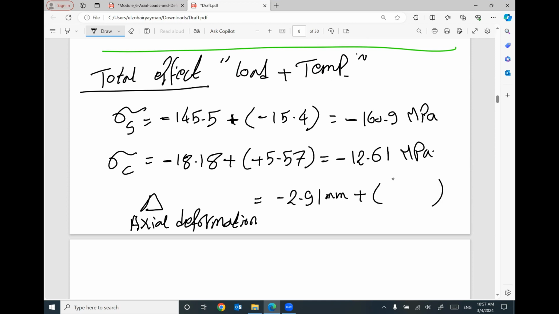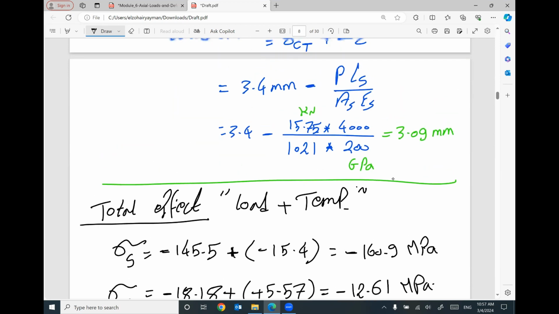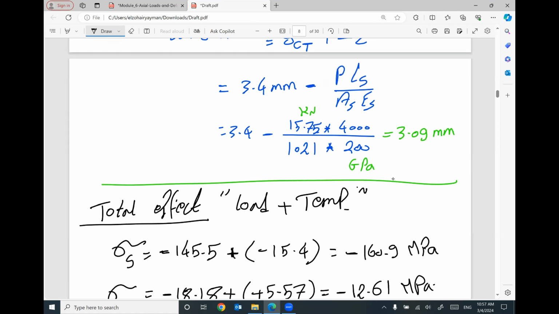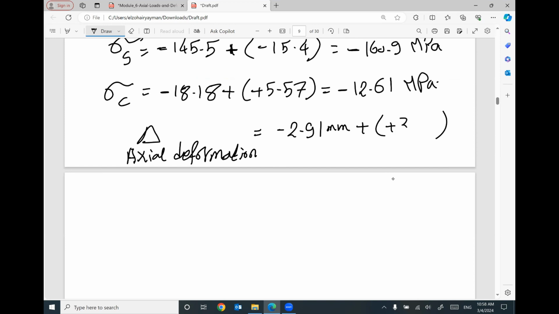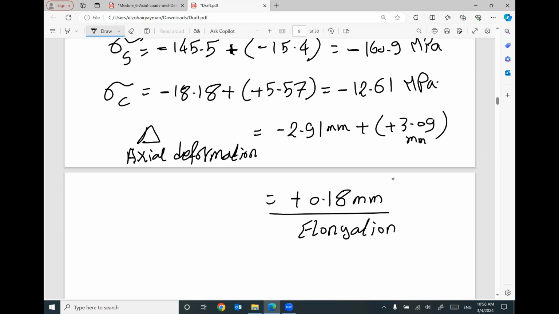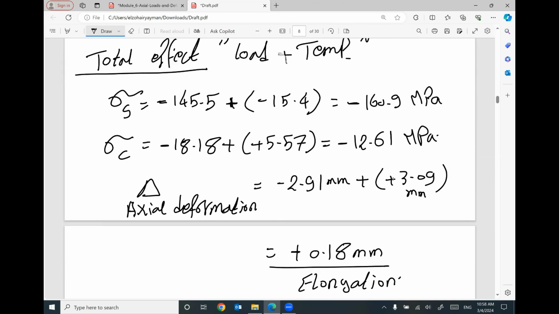But due to the effect of temperature, we have elongation in the column, positive means elongation, 3.09 millimeter. So the final axial deformation in the column will be positive 0.18 millimeter. Positive means elongation, so the length of the column will increase by 0.18 millimeter.